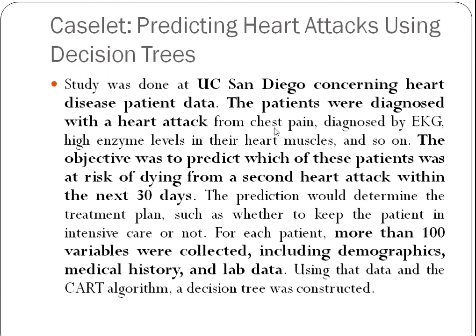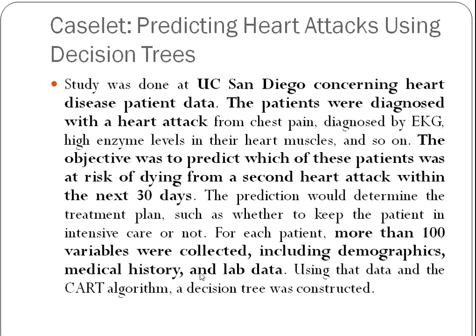When it's chest pain, maybe it is a first heart attack and they will be treated, and when they are discharged, out of those discharged patients, how many will likely have a second heart attack within the next 30 days. This prediction would determine the treatment plan. Based on the answer, they can have a different diagnosis for those people.